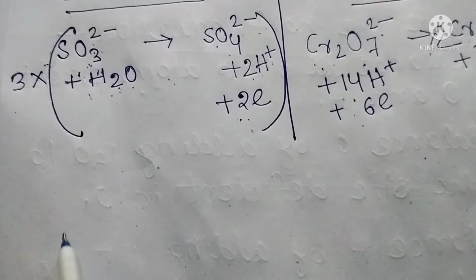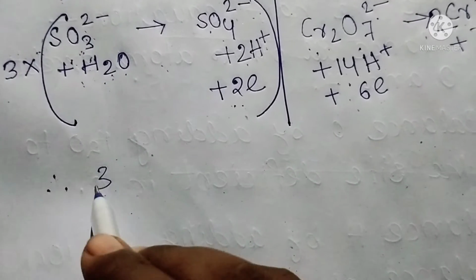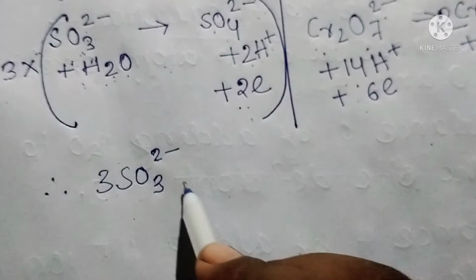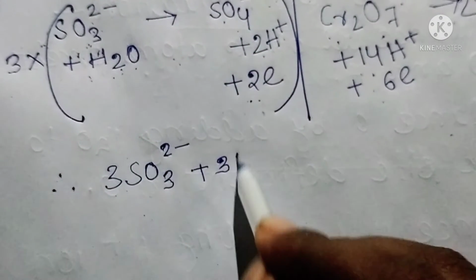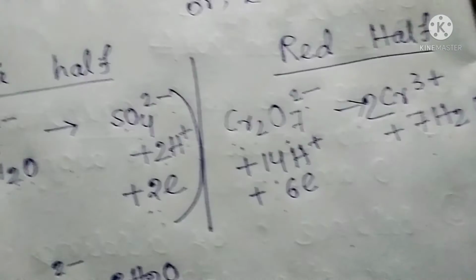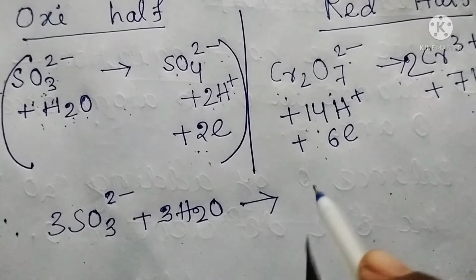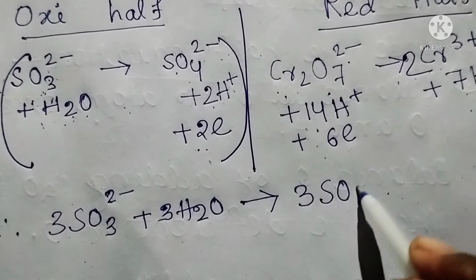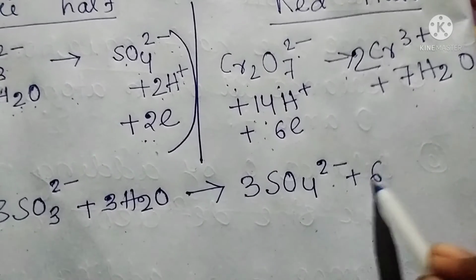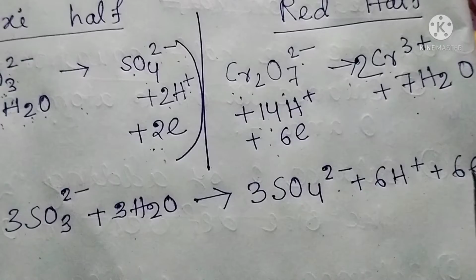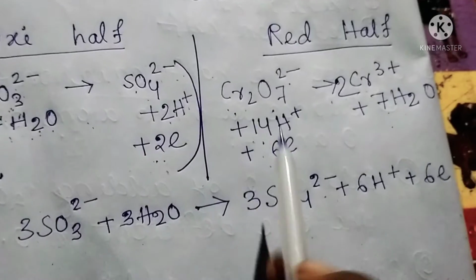So we get 3 SO3 2- plus 3 H2O turns into 3 SO4 2- plus 6H+ plus 6 electrons.